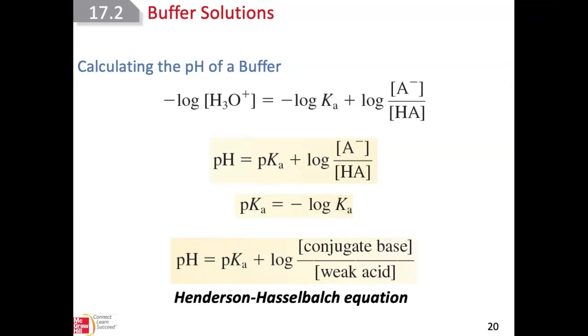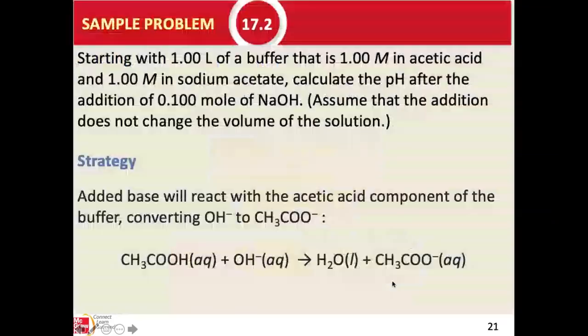So if we started with an acid that has a Ka, then we will find the pKa of that, which is minus the logarithm of the Ka. And then we'll take the logarithm of the concentration of the conjugate base over the weak acid. And that's what this problem is telling us.